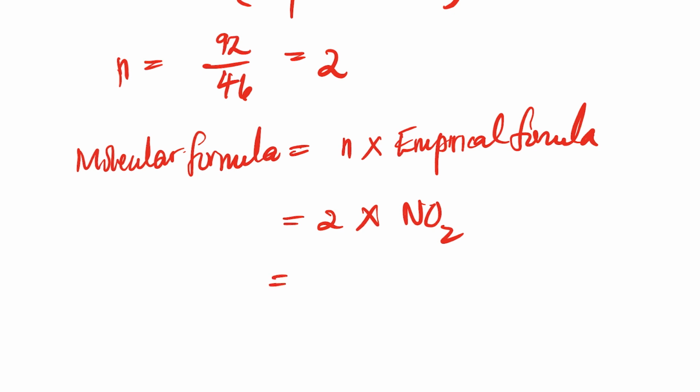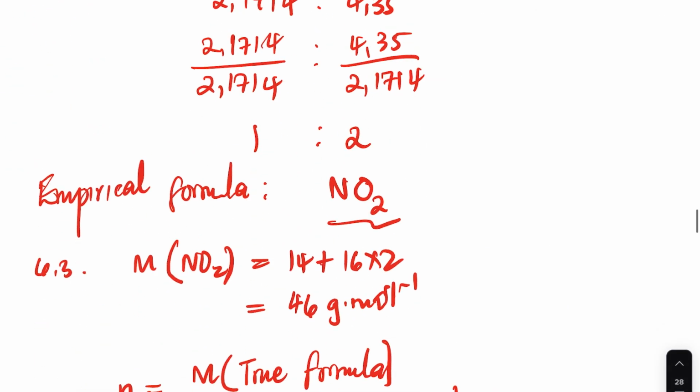We're timesing the ratio there, similarly, we're timesing 1:2. So it's going to be N2, 2 nitrogen and 4 oxygen. That's the empirical formula and the molecular formula.